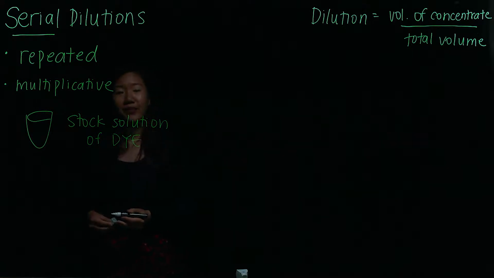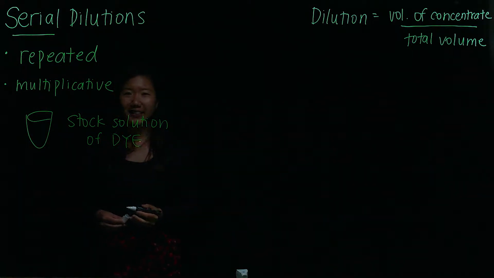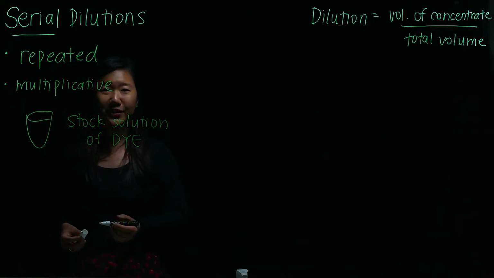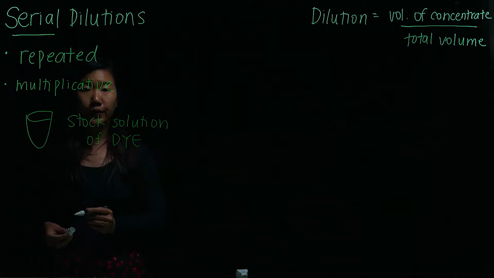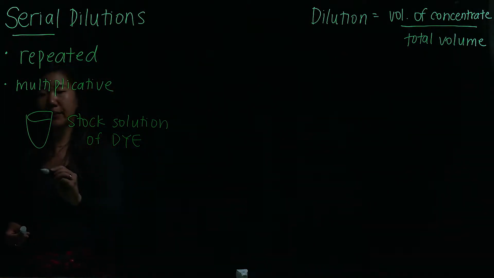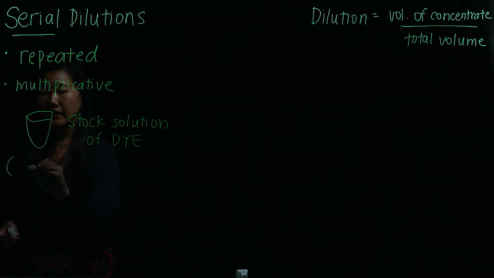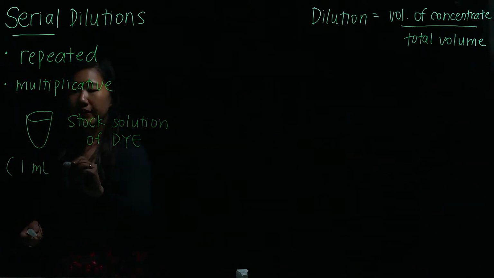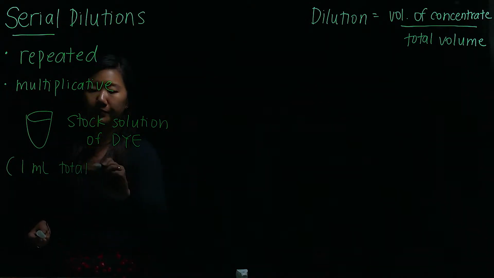But what you'll be working with in a lab is dye, so we'll use that as an example. Let's say I were to ask you to make a 1 to 10 dilution of this dye in a total final volume of 1 milliliter. So for all of these examples, let's say that we're going to be using 1 milliliter total volume.